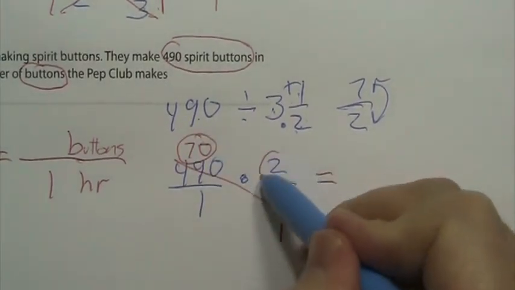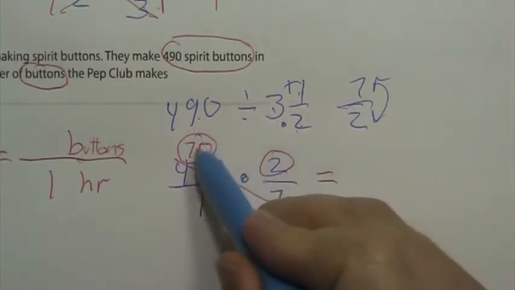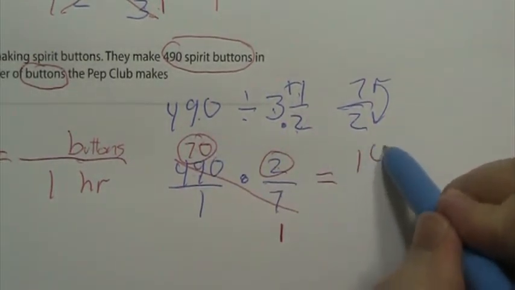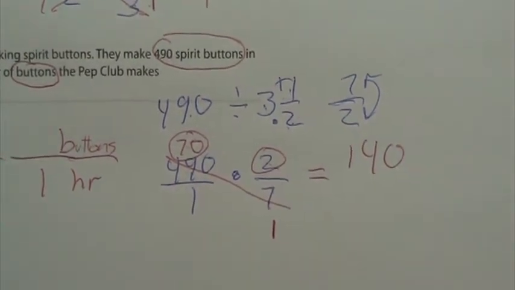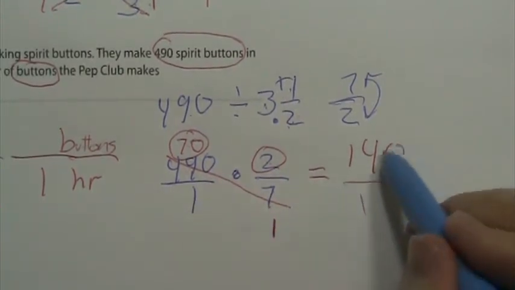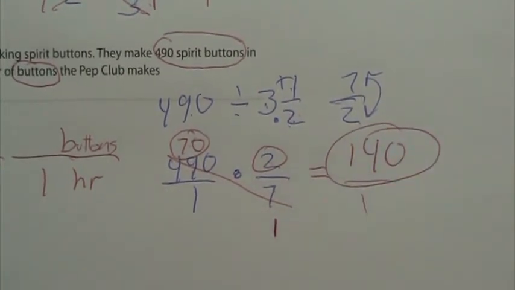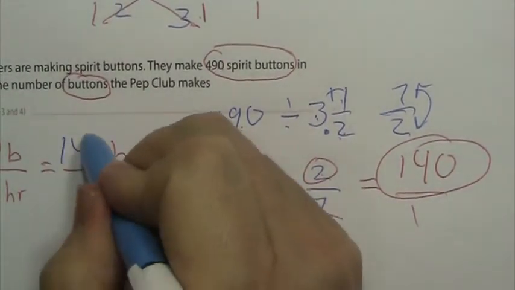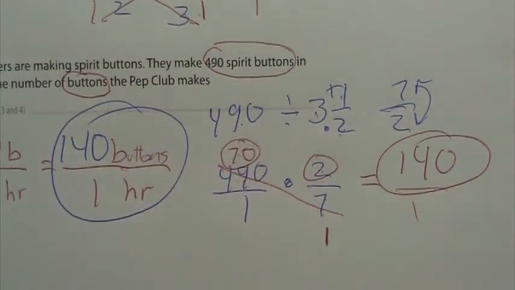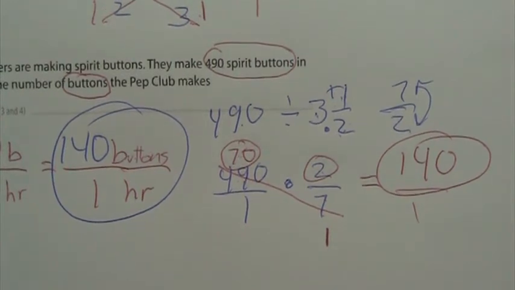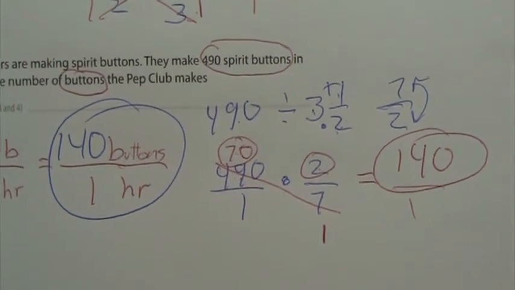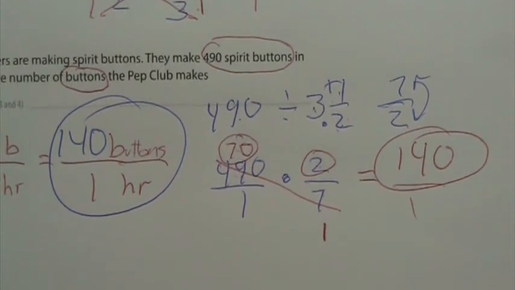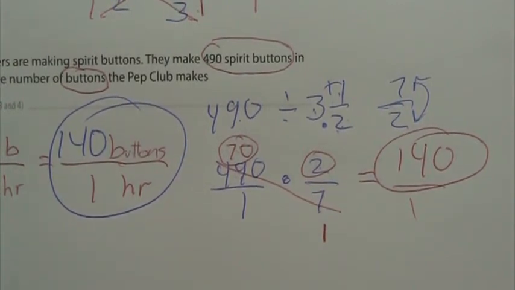I have a 70 and a 2. 70 times 2. 7 times 2 is 14. Add a 0. So 140 over 1. So 140. That's our answer. It's 140 buttons per hour. That's how fast they can make buttons. 140 buttons per hour.